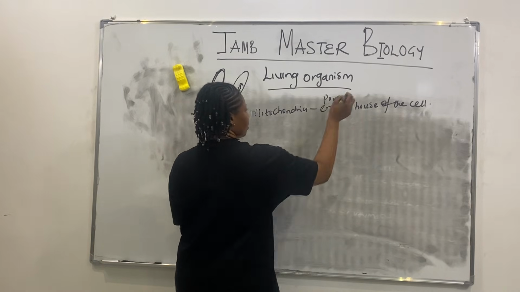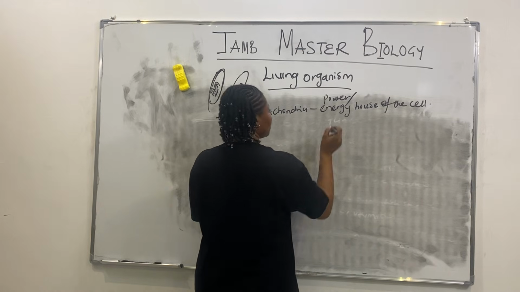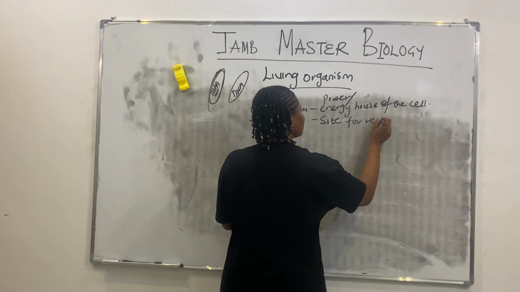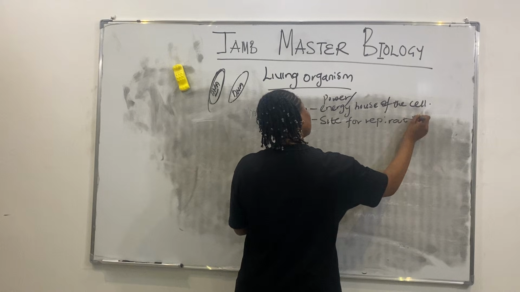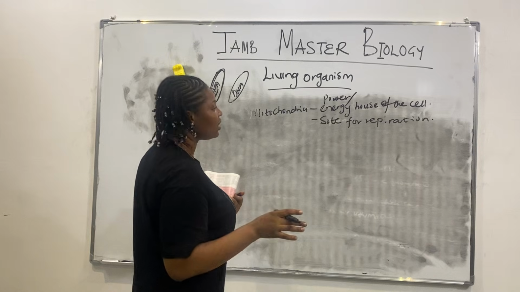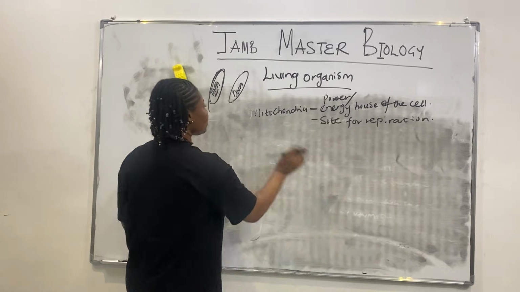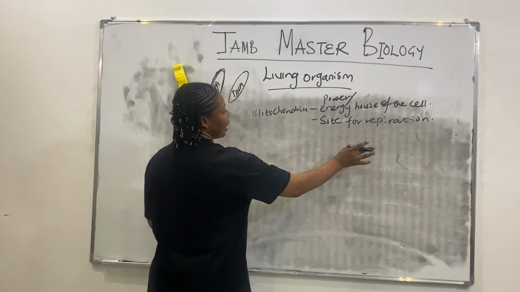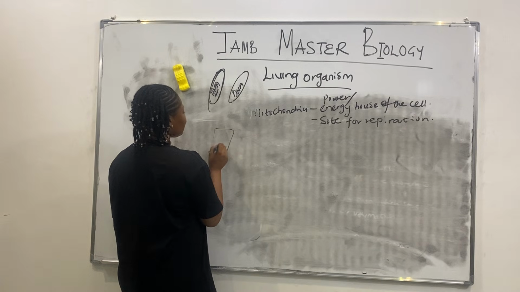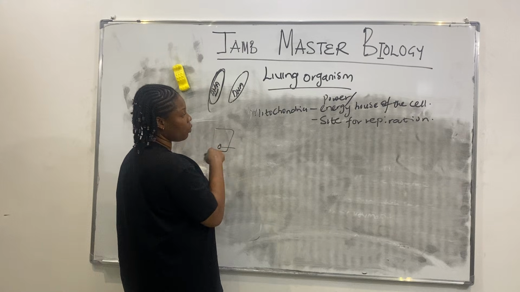It is a site for respiration. Remember, I told you that respiration is the breakdown of food, either in the presence or absence of oxygen. So this is where it occurs, mitochondria. If this is a cell, let's assume that this thing is the mitochondria, the powerhouse of the cell, where respiration occurs.